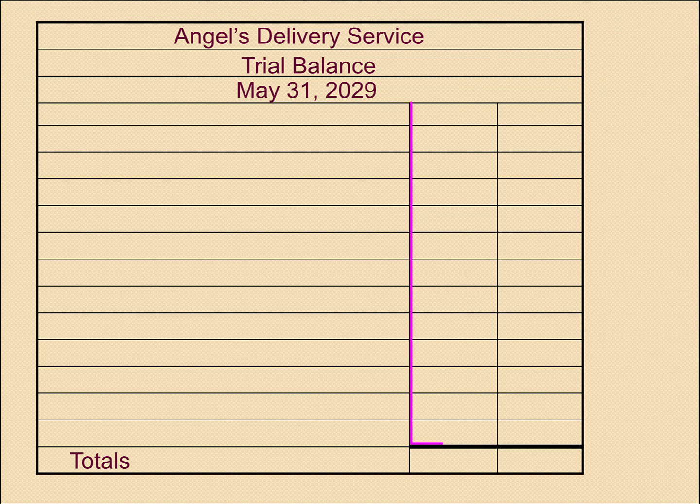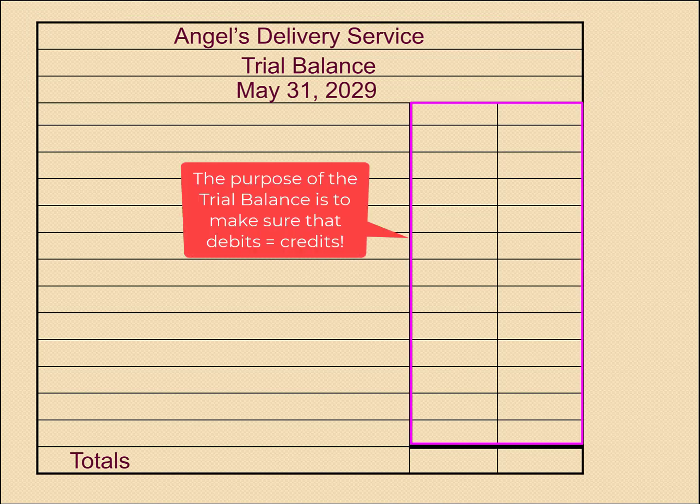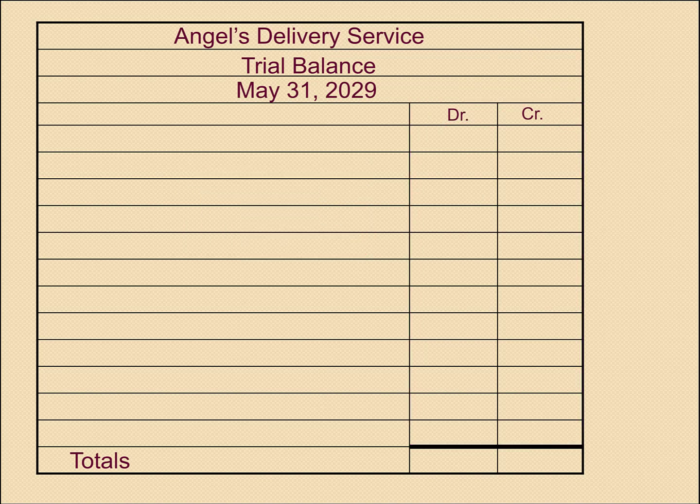All right. But then notice we have two columns. And remember, the trial balance is just a list of all the accounts and their balances. So each account is going to either have a debit balance, so write a DR or the whole word debit in the first column, and then write CR for credit in the next column. And then do you remember the order that accounts appear on a trial balance?